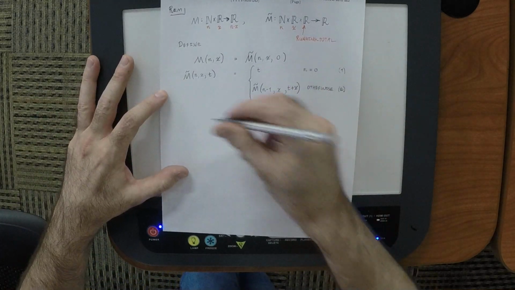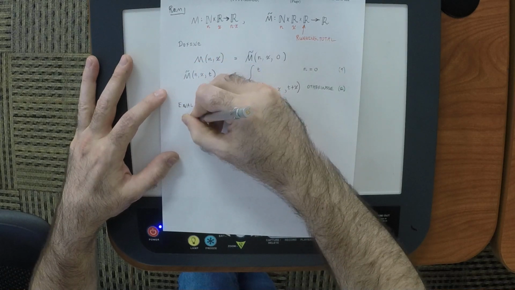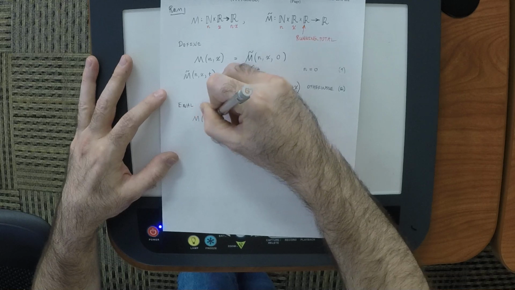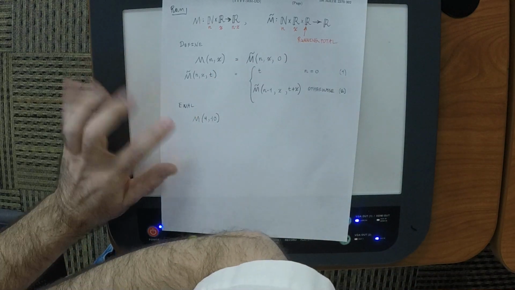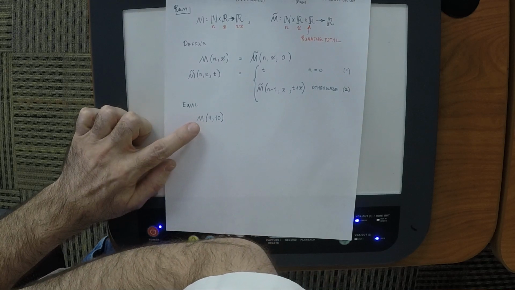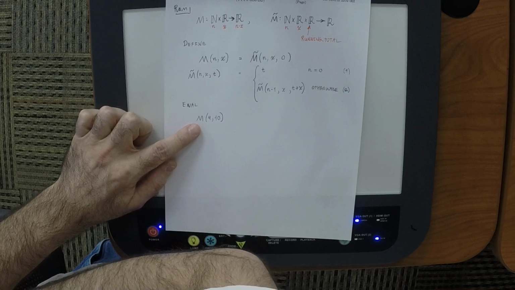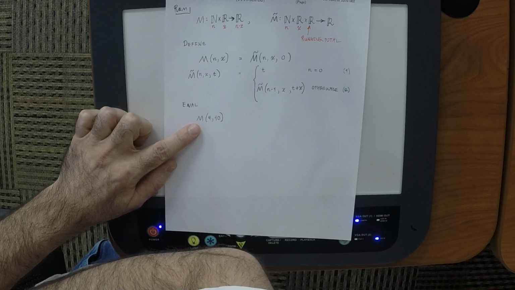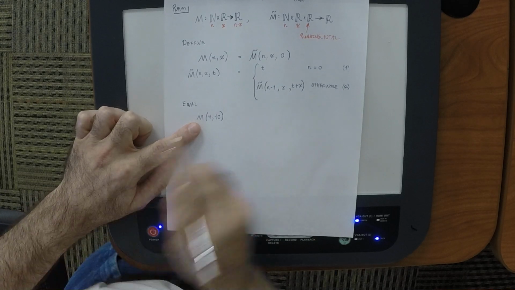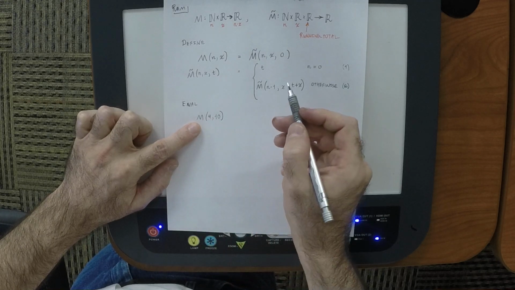All right, so let's evaluate and make sure that this makes sense. So how about m of 4 and 10? Okay, so what is this? How do we do that? Right.